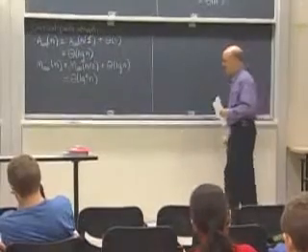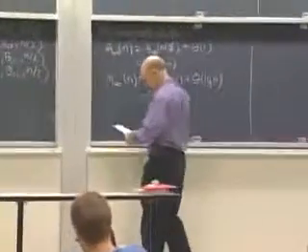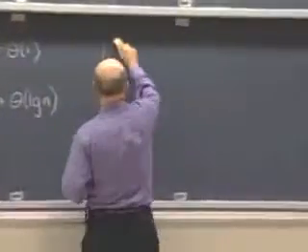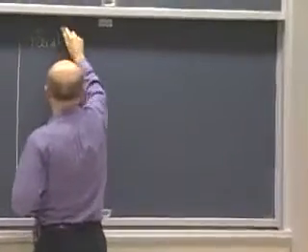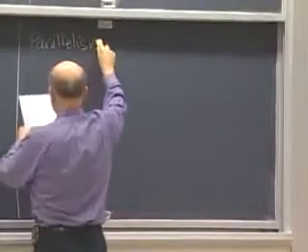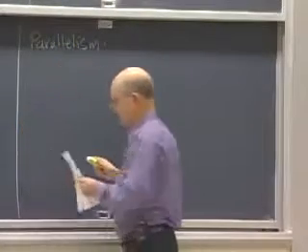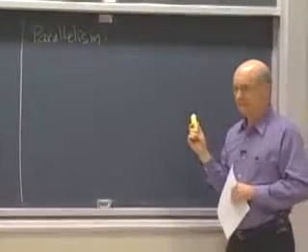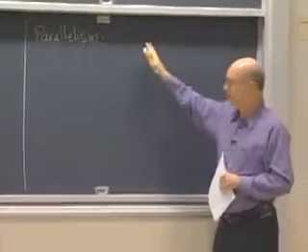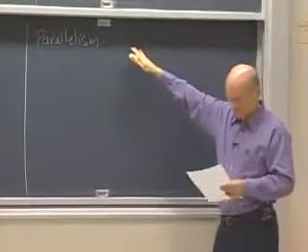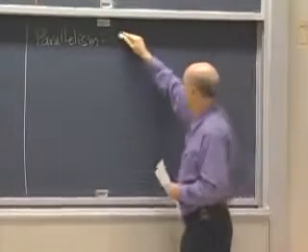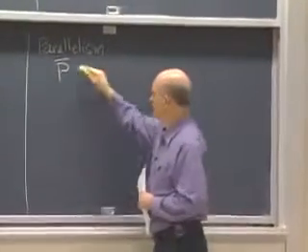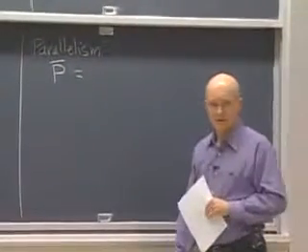So now let's take a look at the parallelism that we get for the multiplication. Okay. So parallelism is what? What's the formula for parallelism? We have P bar as the notation we used for this problem.